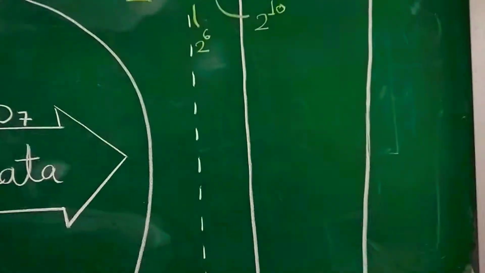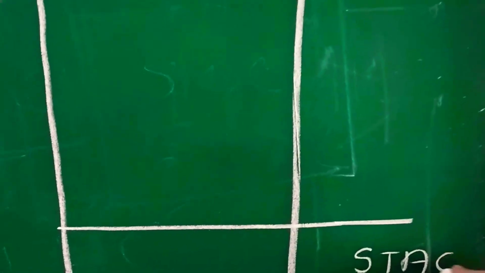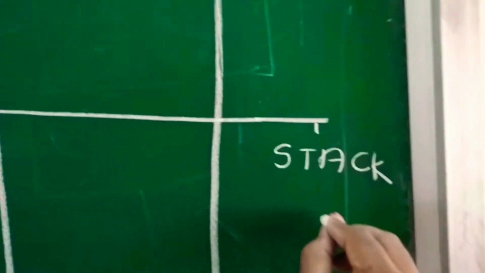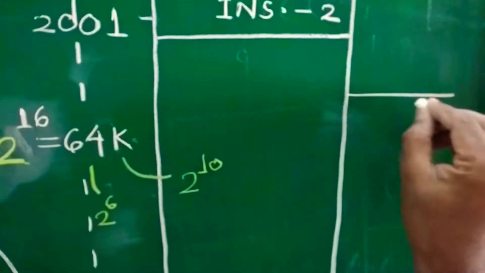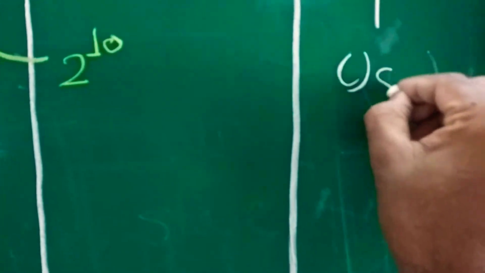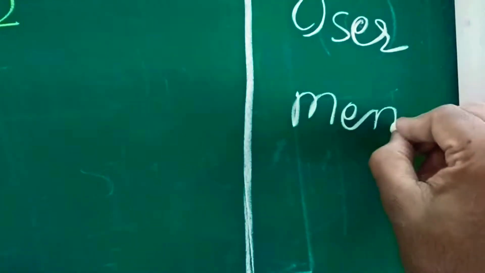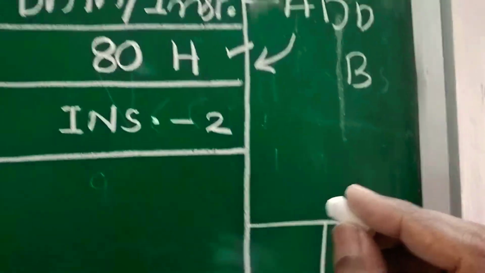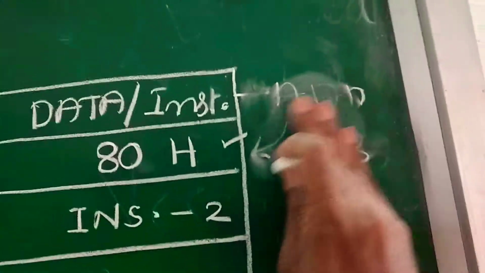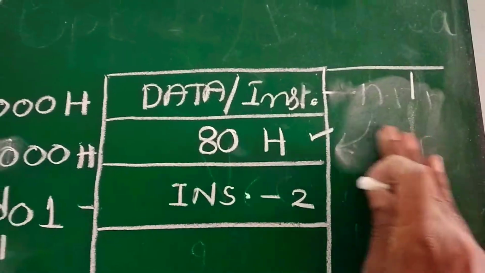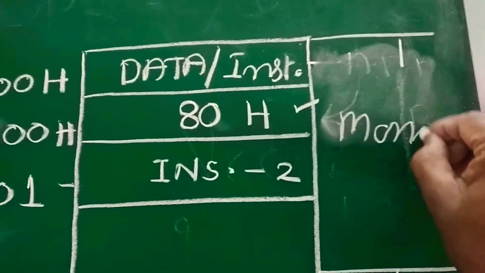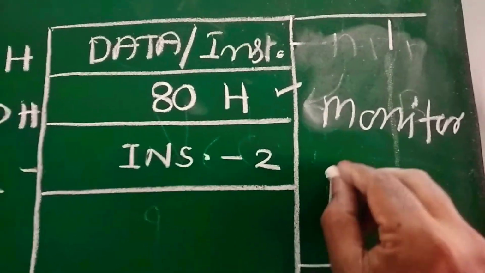So, if we divide this memory, we can divide it as follows: at the lower portion stack memory, then we have user memory, and at the top, from 00 to some location, we have monitor program memory.